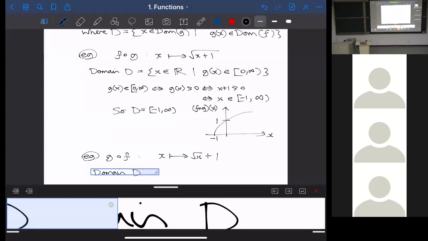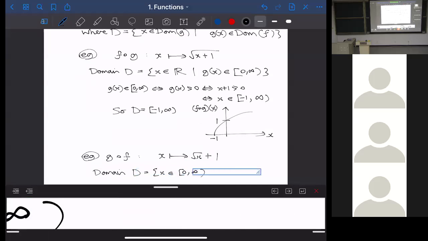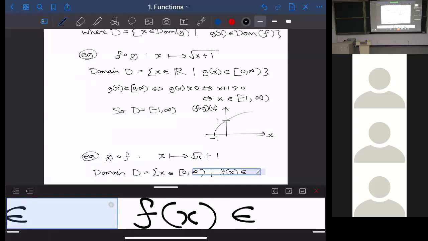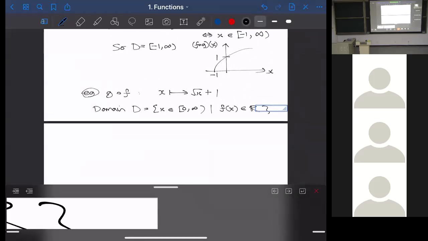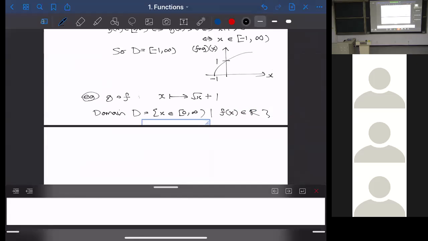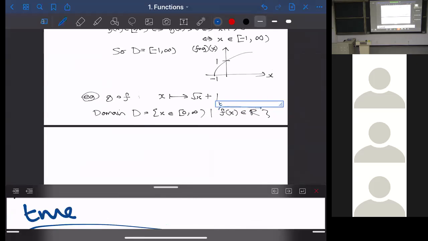And the domain D is x in the domain of f, which is 0 to infinity, such that f(x) is in the domain of g, which is R. So this is true for any x.